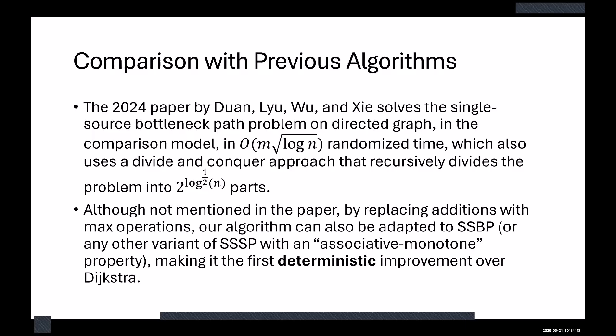Also, not mentioned in our paper, you could just replace additions with max operations in our algorithm. You can adapt it to also work for single source bottleneck path problems or many other variants of the single source path problem. In fact, this makes our algorithm the first deterministic improvement over Dijkstra in the single source bottleneck problem as well.